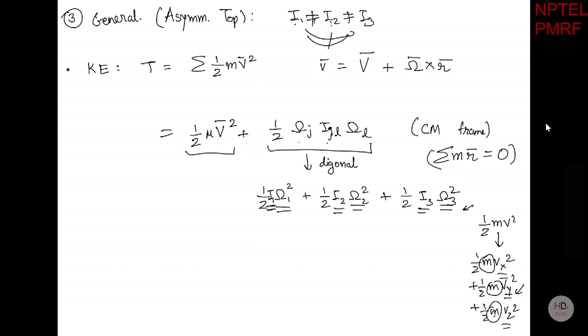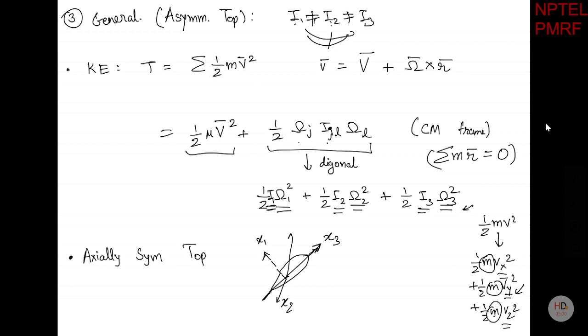Then we looked at rocks in space, and we saw one particular thing, that for an axially symmetric rock, you can have precession. Suppose your principal axis is this. So you have a top like this, with x3 as one of your principal axes, x1 along this and x2 coming out like this.